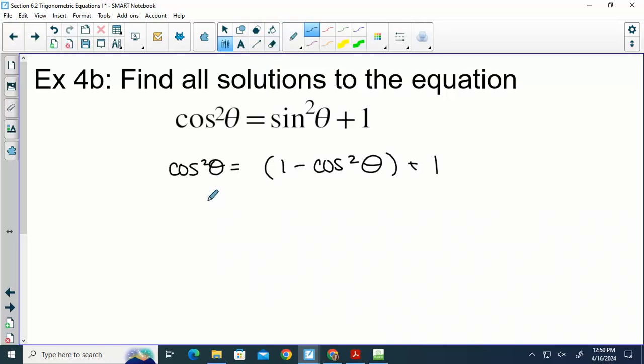If I add my cosine squared over, I get 2 cosine squared theta equals 1 plus 1 is 2. Subtract 2 over.